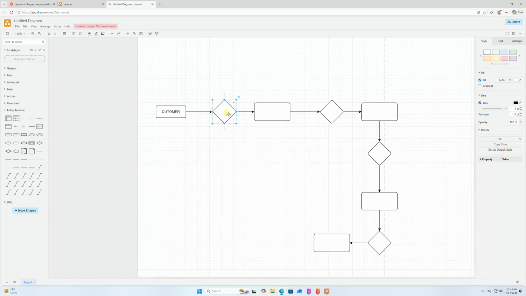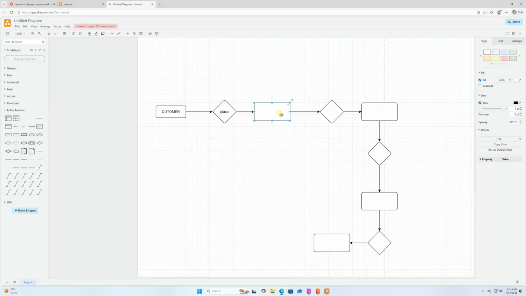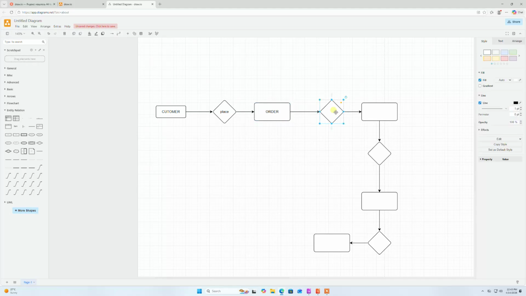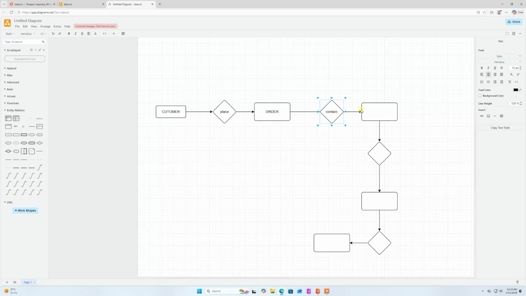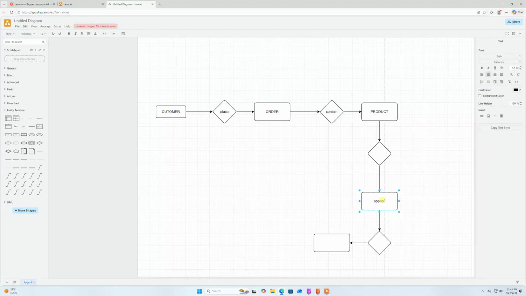The verb will be written over here, and the noun should be written in capitals: place order, and each order has, or we can say contains, product, and each product is supplied by a supplier. So let me make it supplier, and keep it in capitals. This is the best practice, to use these names in capitals.